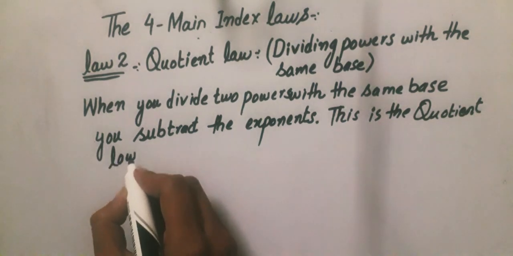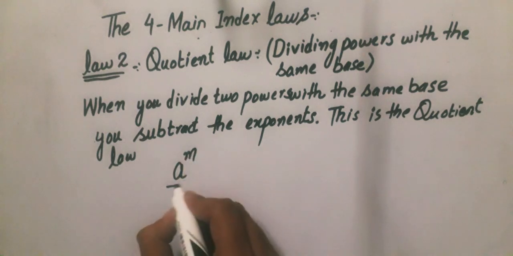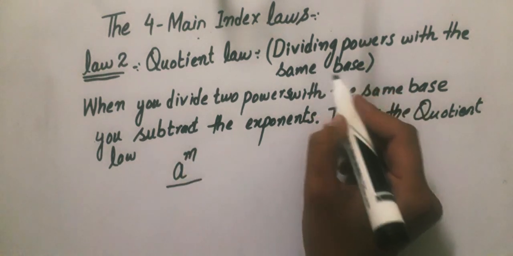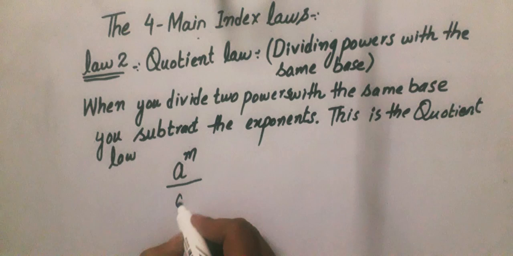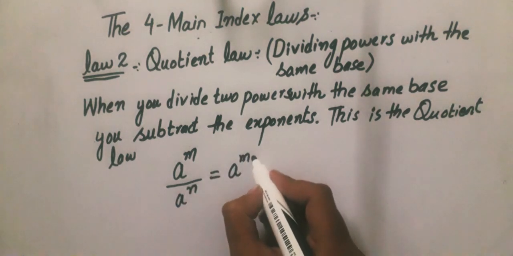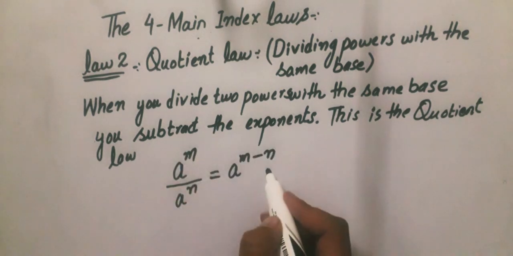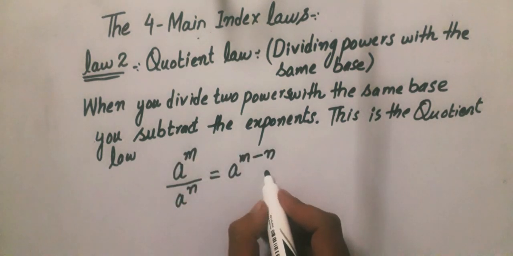Now we will write the general form of this, that is a raised to power m divided by a raised to power n, base should be same, which is equal to a raised to power m minus n. We have subtracted the exponents.